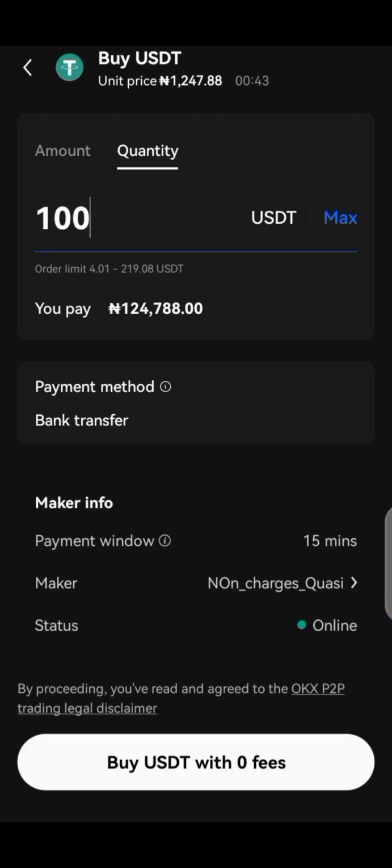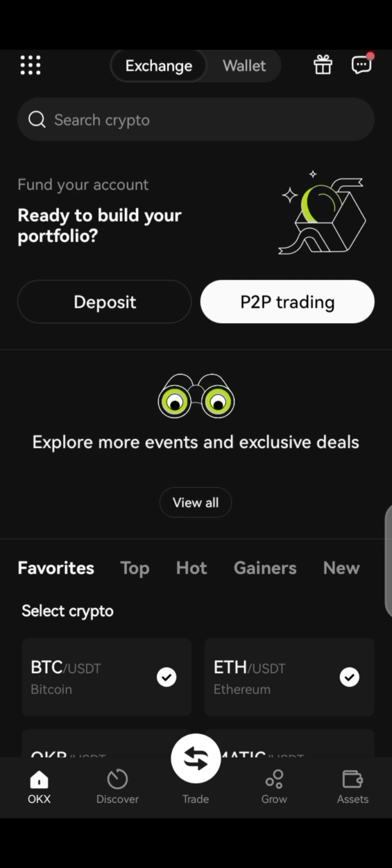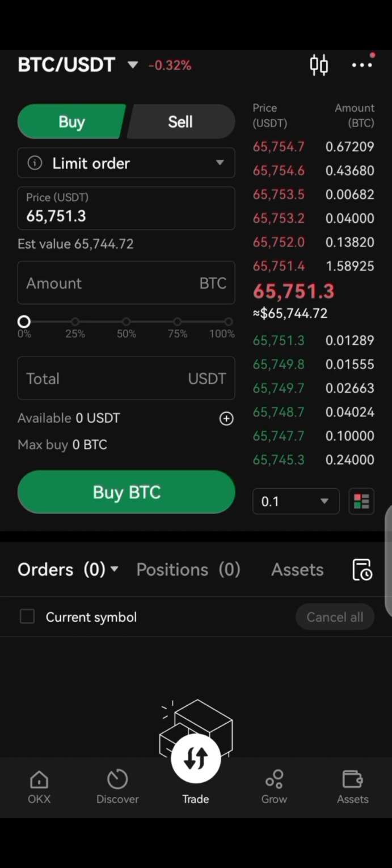Let me take you through how to do that. Once you come down to this home page, click on trade. It will take you to an interface where you are going to trade your USDT for BTC, or you can convert it if you want to. So this is what I will do.